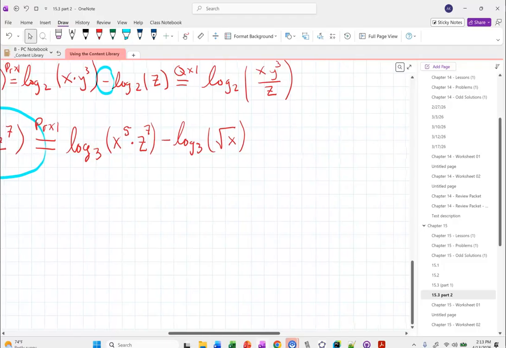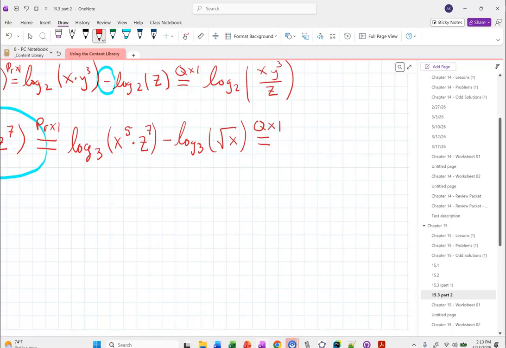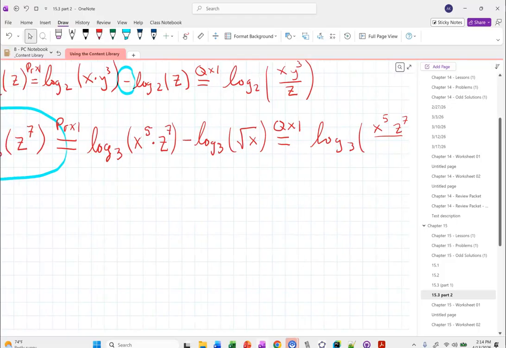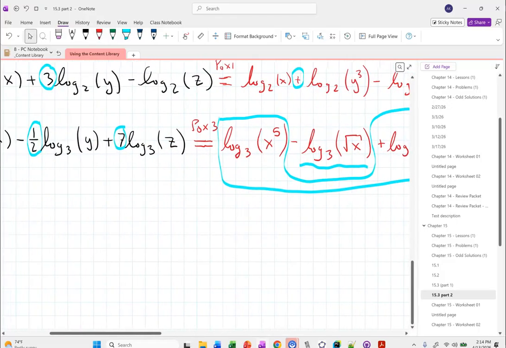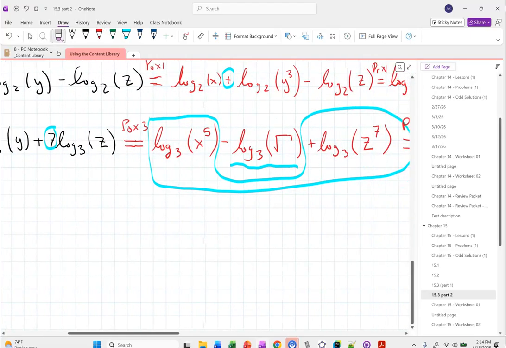All right, last step would be quotient properties. There's just one of those. Oops. What happened to my y? Where did that go? Oh, this is supposed to be a y.